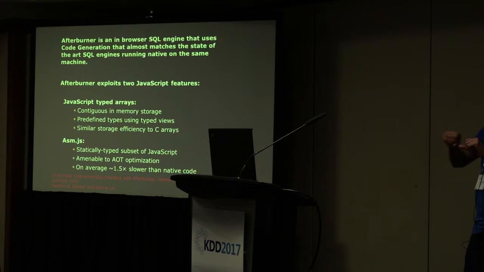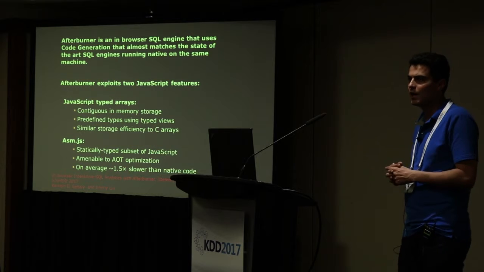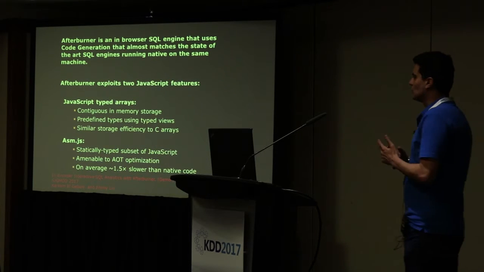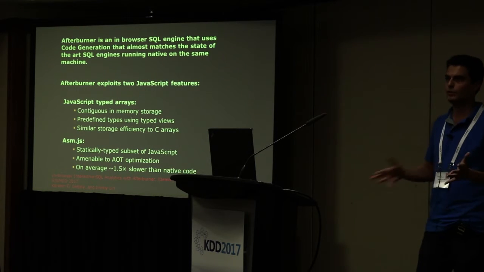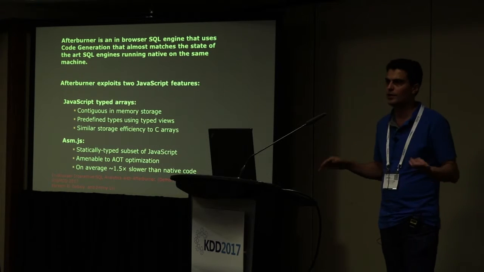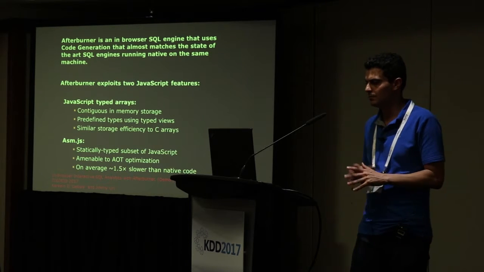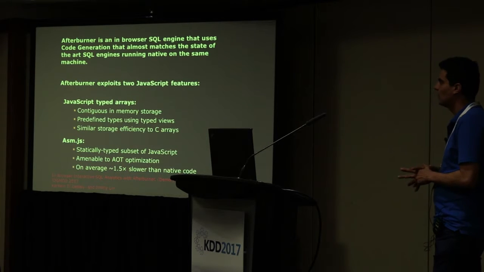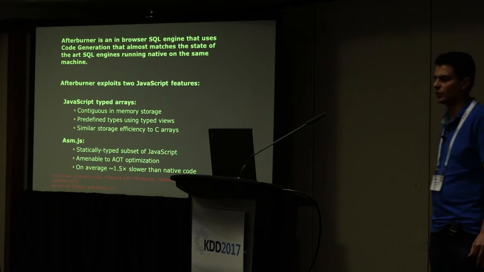Basically, it uses columnar layout and code and query compilation. So how fast is Afterburner? It's comparable to the state-of-the-art analytic systems that are running on the same machine, given the same resources. For more details about Afterburner, I refer you to this year's SIGMOD demos.